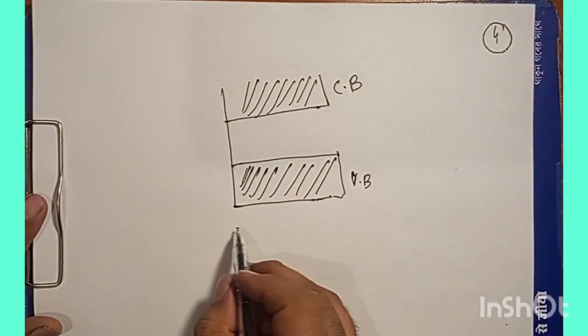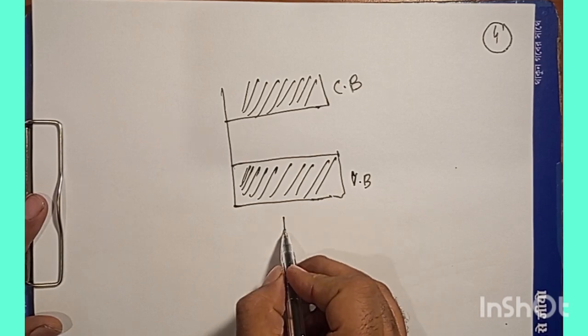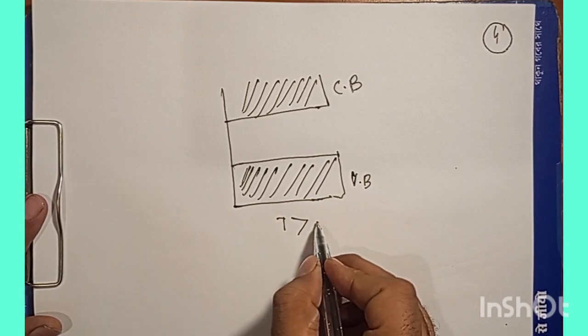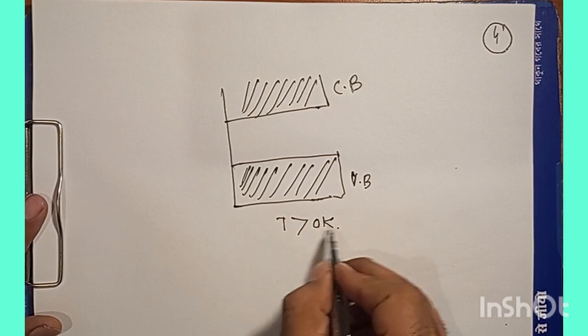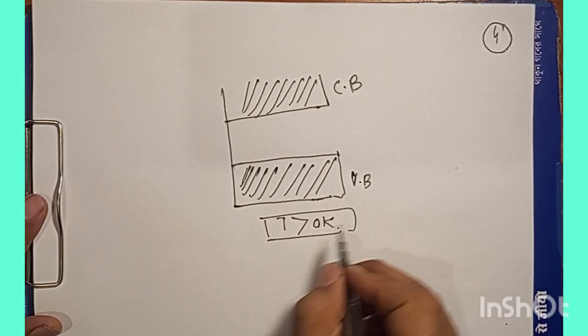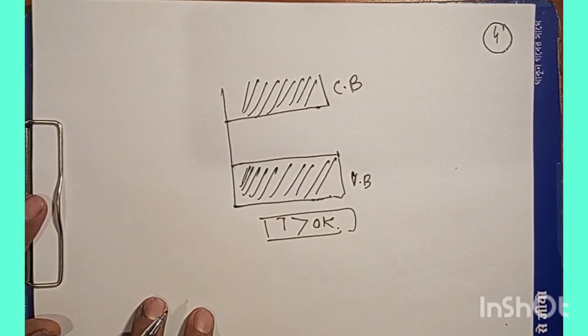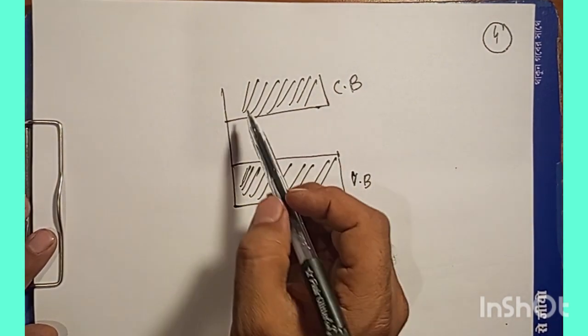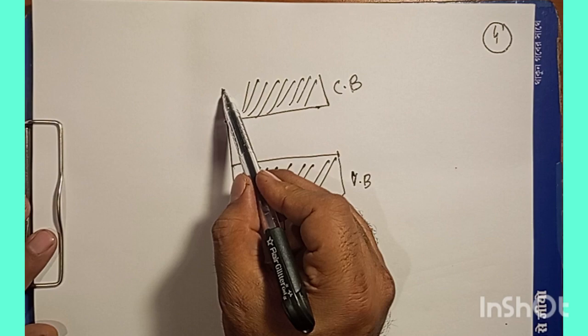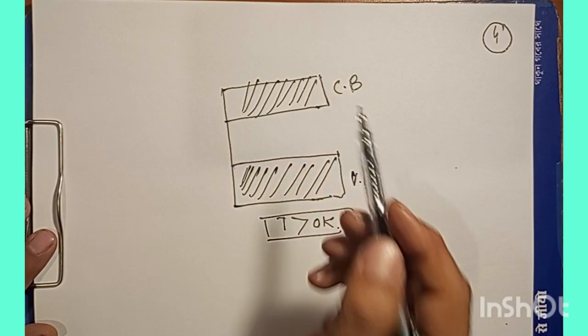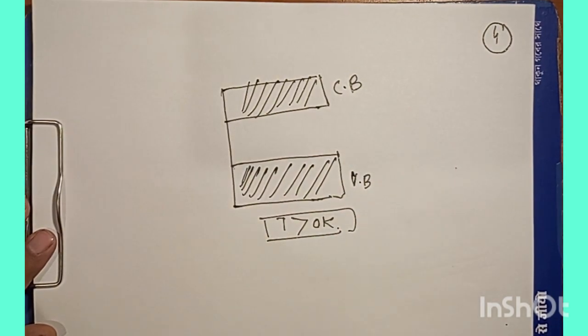Now I am showing this at a temperature greater than 0 K. At a temperature greater than 0 K, we have electrons in the conduction band. But now we have added the impurity to this network of silicon atoms.